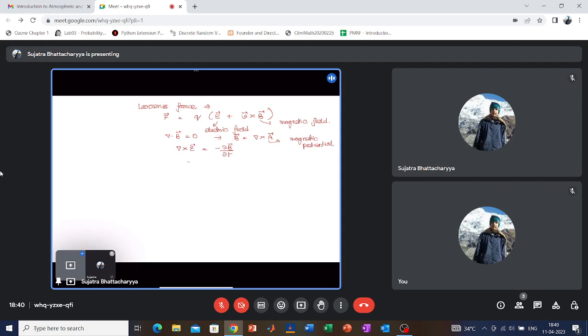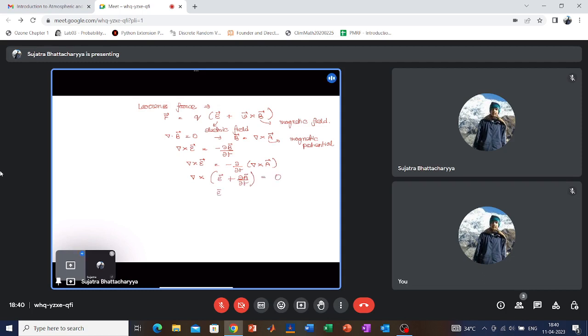Therefore, del cross E can be written as minus del by del t of del cross A, because B is del cross A. Now I take it on this side, so it becomes del cross (E plus del A by del t). This is the magnetic vector potential. Remember, this should be equal to 0.